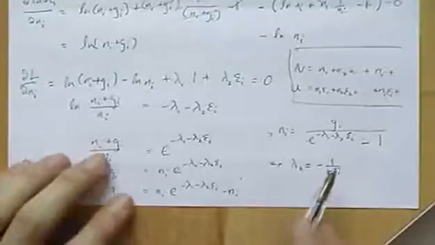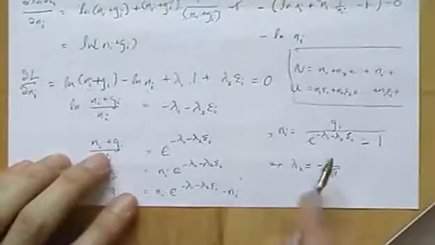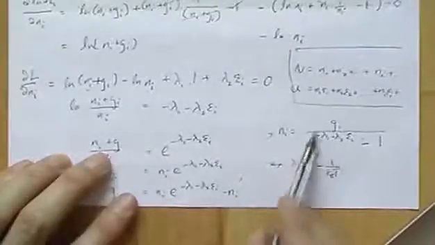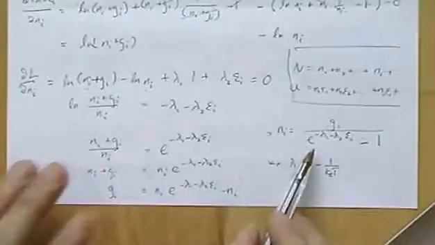And lambda 1 is a constant which we can solve in terms of the total number of particles in principle.